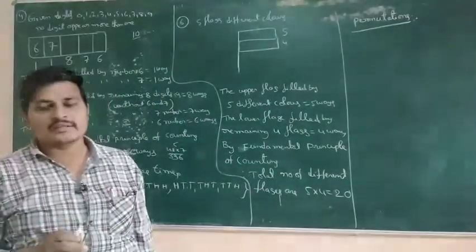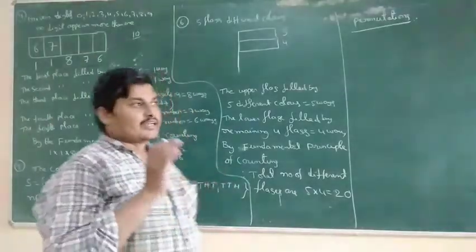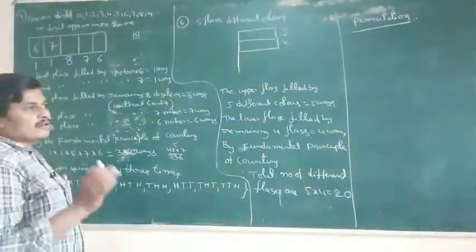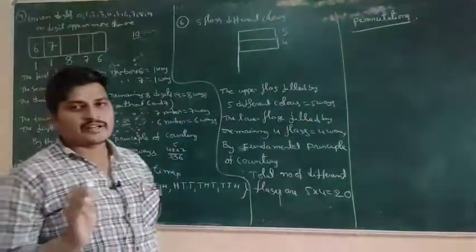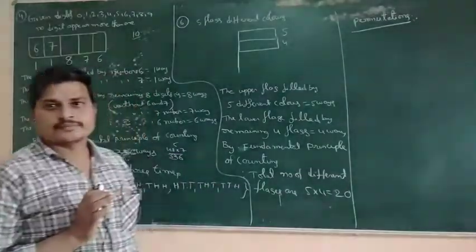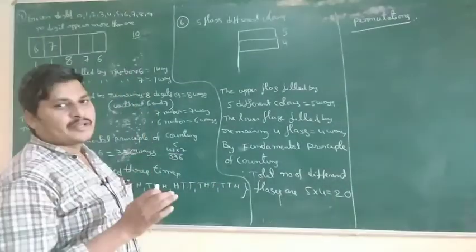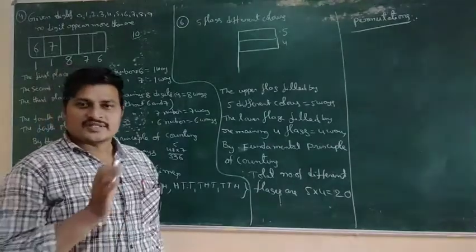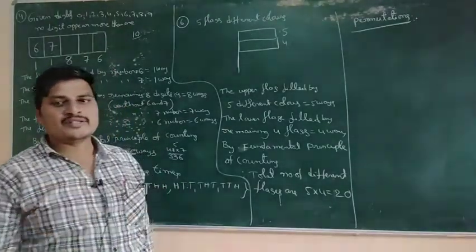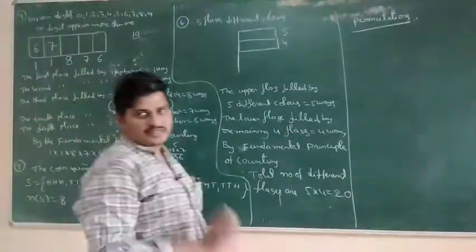Permutations are nothing but arrangements of a finite number of elements or finite number of things, some elements or all elements at a time. This is the definition.